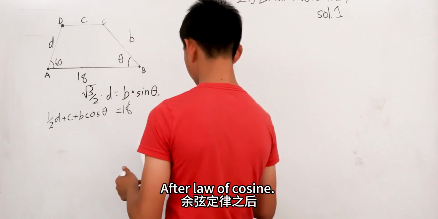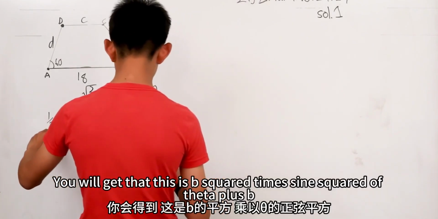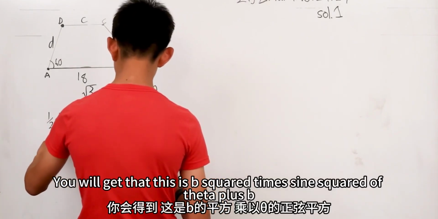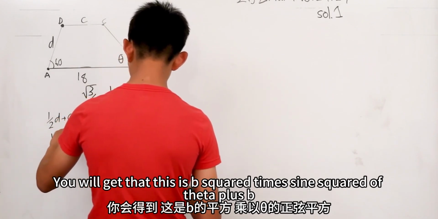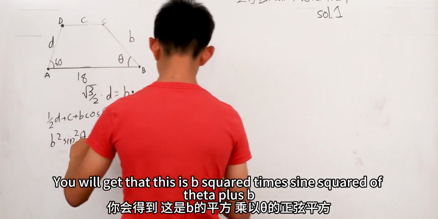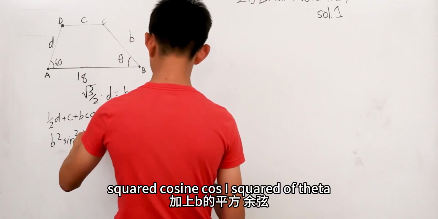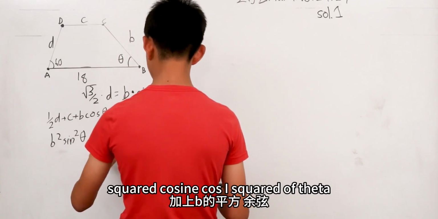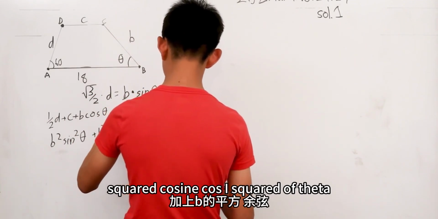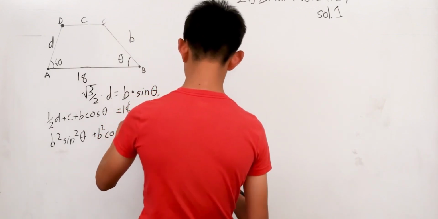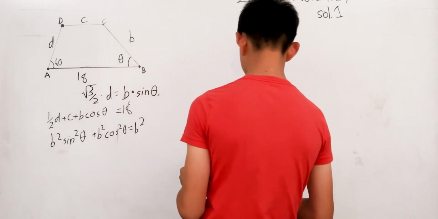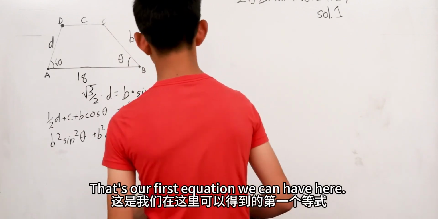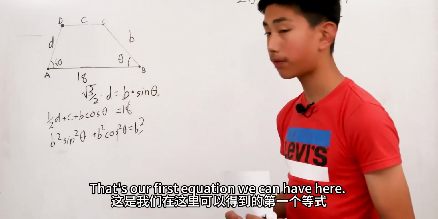So after law of cosines, you will get that this is b squared times sine squared of theta plus b squared cosine squared of theta equals b squared. So that's our first equation we can have here.